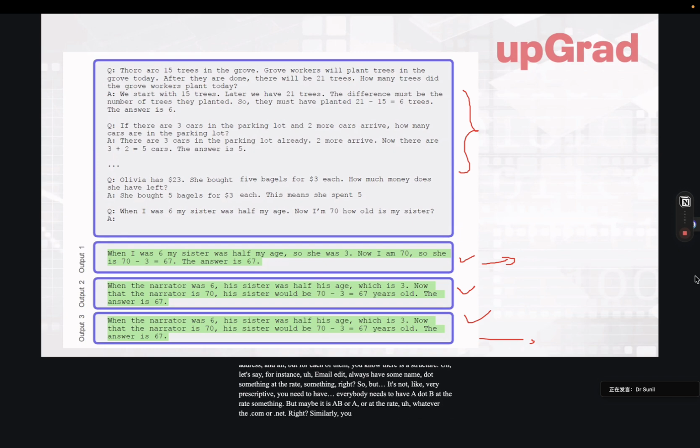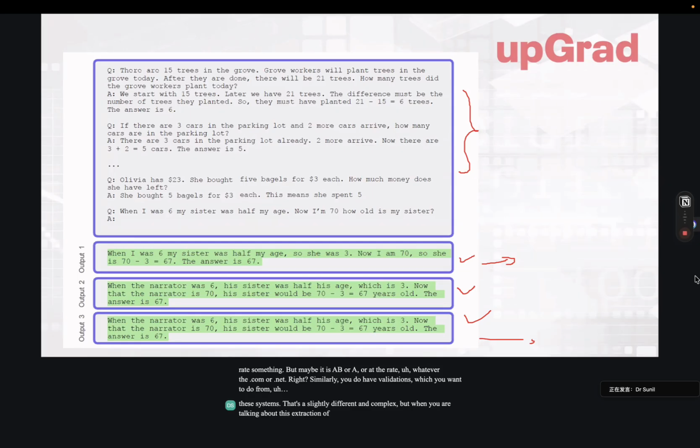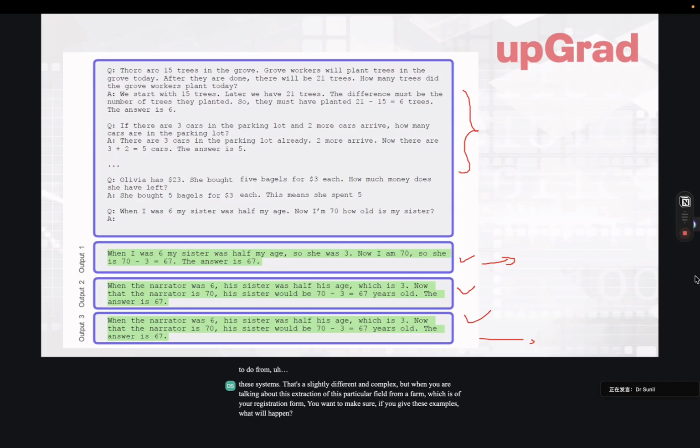Similarly, you do have validations which you want to do from these systems. That's slightly different and more complex. But when you are talking about extraction of a particular field from your registration form, you want to make sure that if you give these examples, what will happen? Let's say you can tell the instructions, okay, the email formats are like this. If you give examples, will it be useful, in your thinking? Yes.